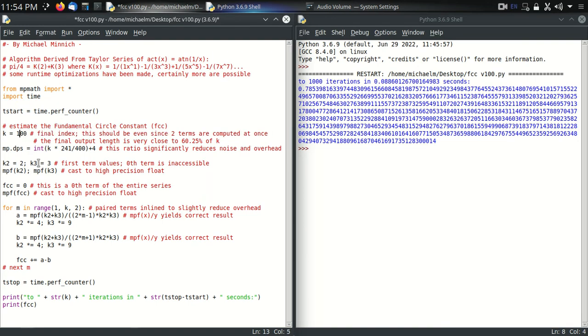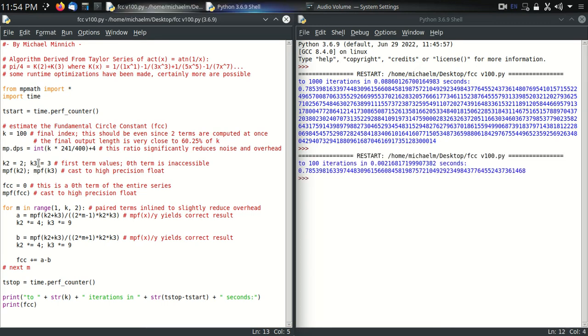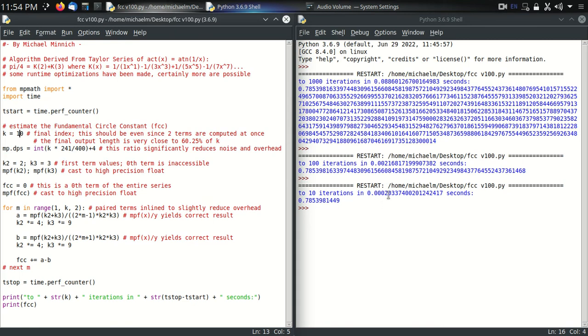If I drop it down to 100, you'd think it'd be about 10 times faster, roughly, and that's fairly close to accurate. If we drop it down to 10, it's roughly 10 times faster than that, right? So you'd think as we scale this up, it's going to do something close to that. It's clearly not doing exactly that, but it's close, because there's some overhead occurring that's not going to be scaling exactly that way.